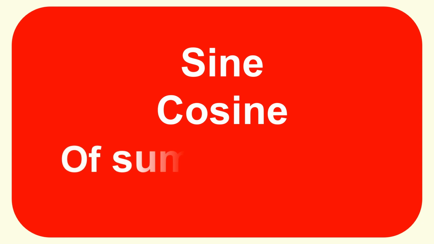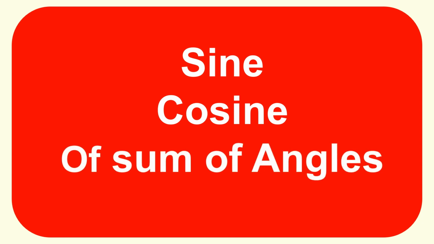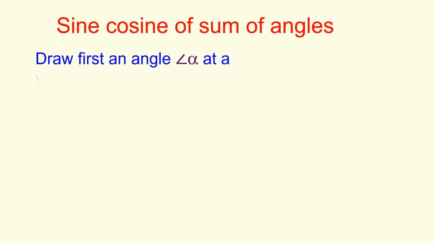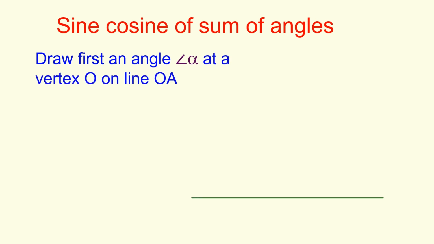Sine, cosine of sum of angles. Now we learn sine, cosine of sum of angles. Draw first an angle alpha at a vertex O on line OA.